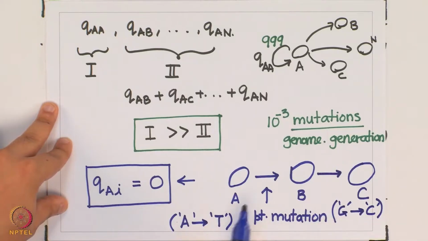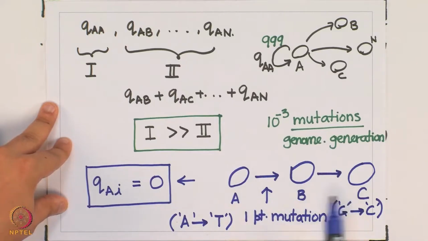What that means is that when genotype A replicates, there is no way that it can lead to a progeny of genotype C, provided that the maximum number of point mutations that we are allowing per replication event is equal to 1. A cannot lead to C if only one nucleotide change is taking place in the progeny.